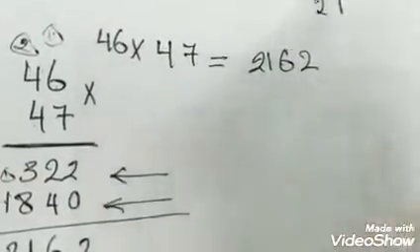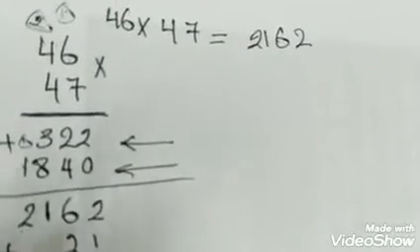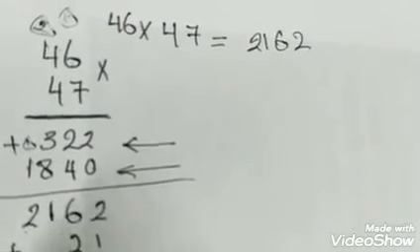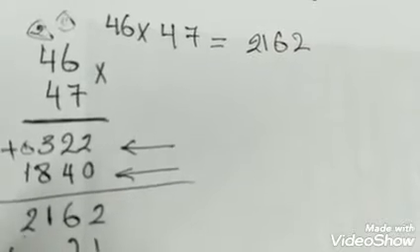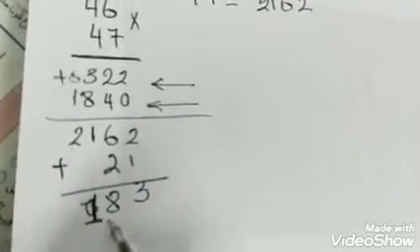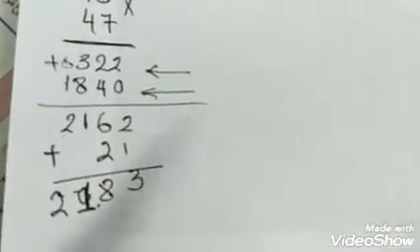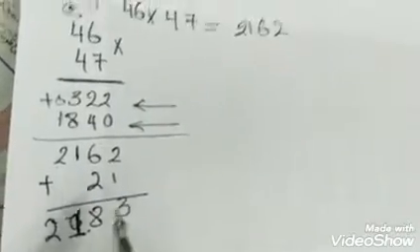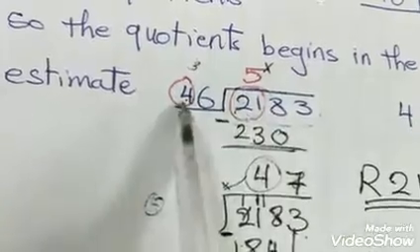Plus the remainder that I already have, 21. 2 plus 1 equal 3. 6 plus 2 equal 8. 1 plus 0 equal 1. 2 plus 0 equal 2. 2183. This is the number that I have to divide by 46.